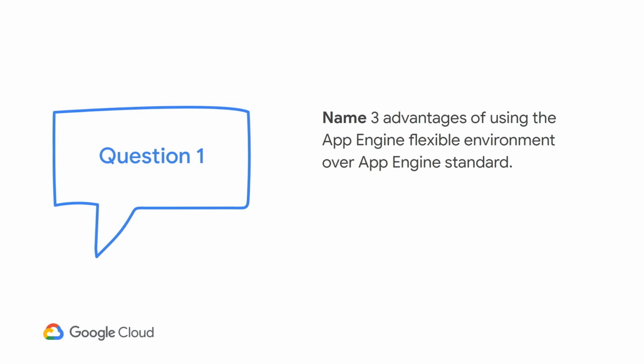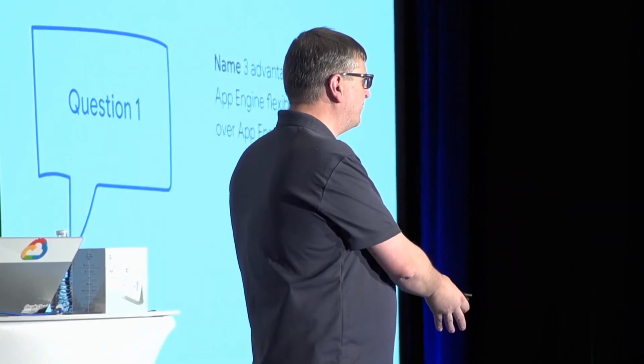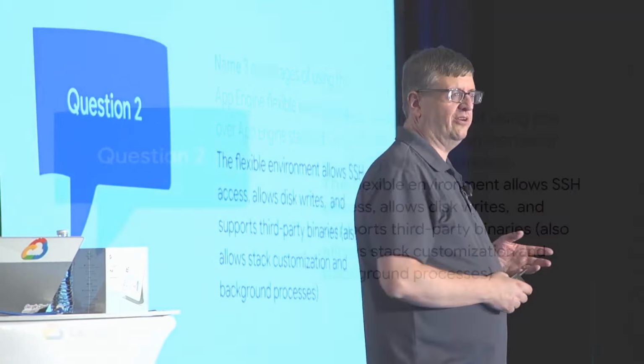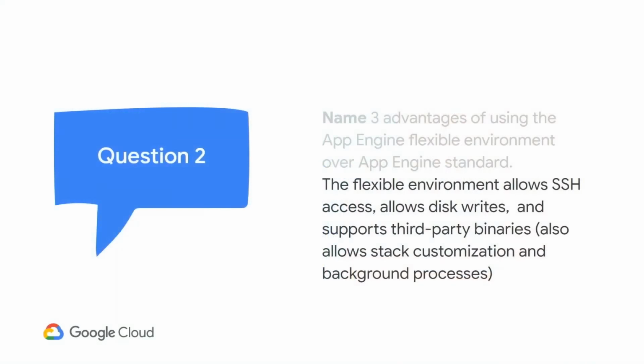All right, so three advantages of App Engine Flex over Standard. Standard is code. App Engine Flex is container, yeah. So we get a container. We can get into that container, okay? Because when you deploy containers, you have control, you can actually get in and do some troubleshooting, because you can connect into containers when they're running.